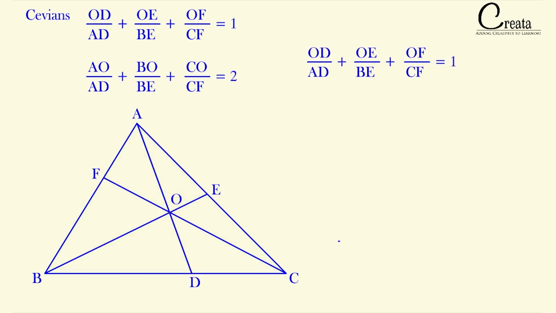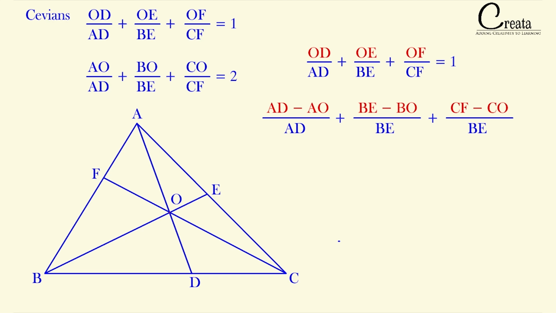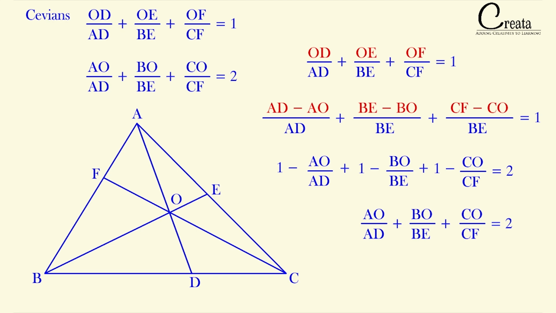Further, let's move to the second formula. Here, can we replace OD with AD minus AO? This length is OD. We can replace OD with this complete length AD minus AO. Similarly, we can rewrite OE as BE minus BO and OF as CF minus CO. On replacing and doing the simple mathematics, we got our second formula, that is AO upon AD plus BO upon BE plus CO upon CF is equal to 2.